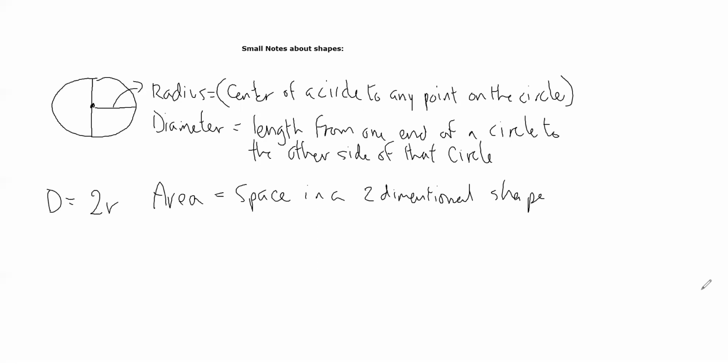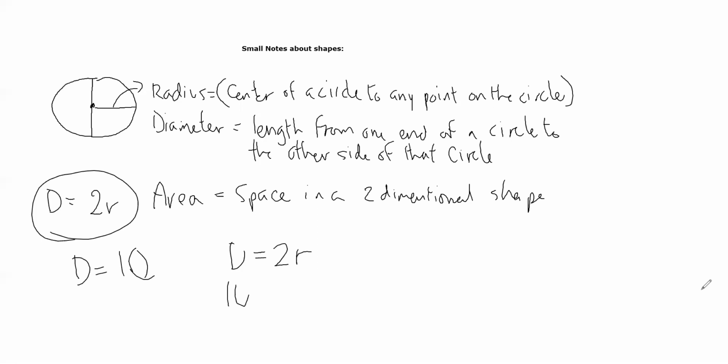Diameter is the length from one end of the circle to the other side. I have this formula here, D equals 2R. And I've said this before: if my diameter is 10 and I need the radius, I just divide the diameter by 2. That's all you're going to do. I don't care what number is in there.